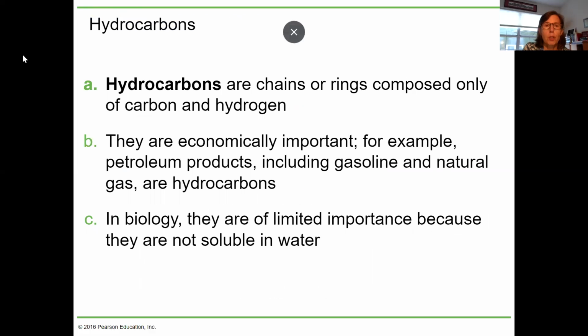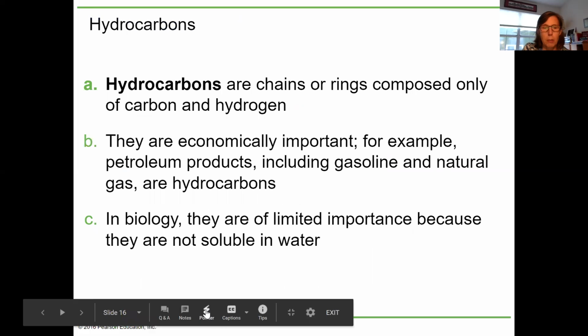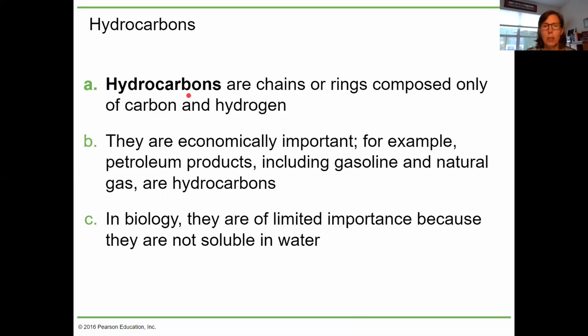All right, so the term hydrocarbons is something I want you to be familiar with. A hydrocarbon is just a chain composed of carbon and hydrogen. And so what that should bring to mind are things like hydrocarbon chains in lipids, or the fatty acid chains in fat molecules, for example. Those are composed of just hydrogen and carbon.